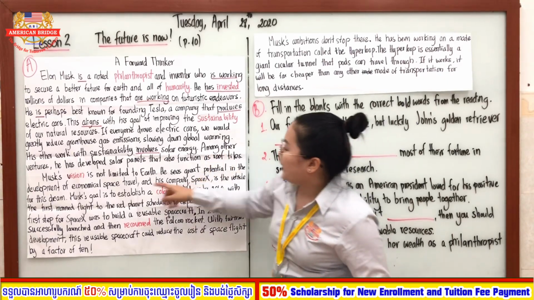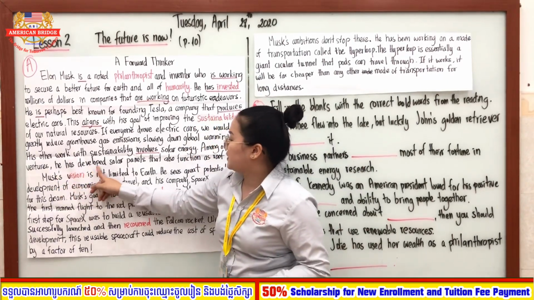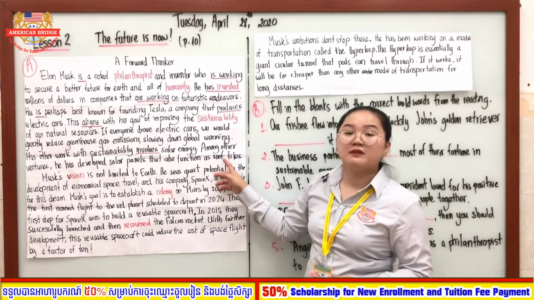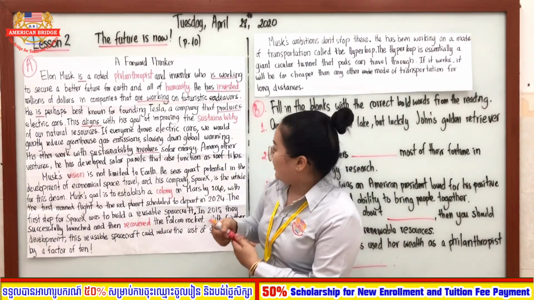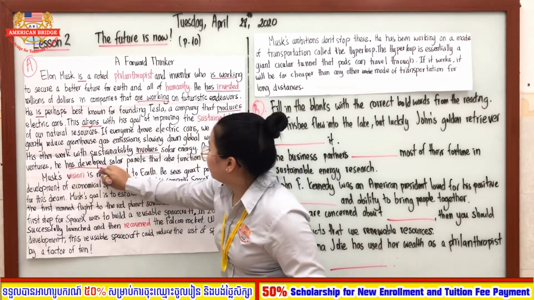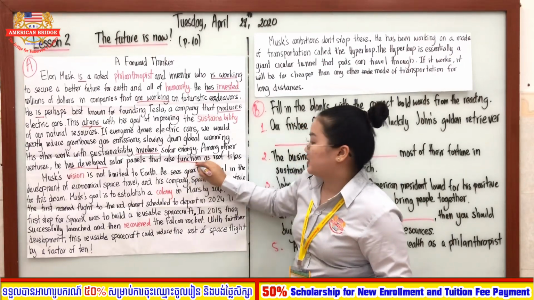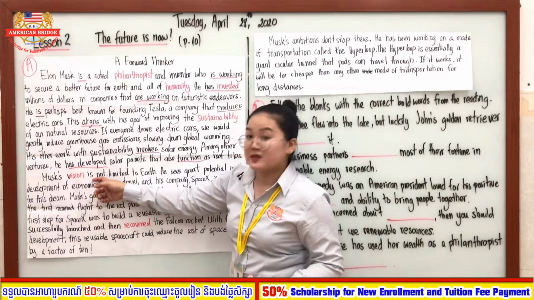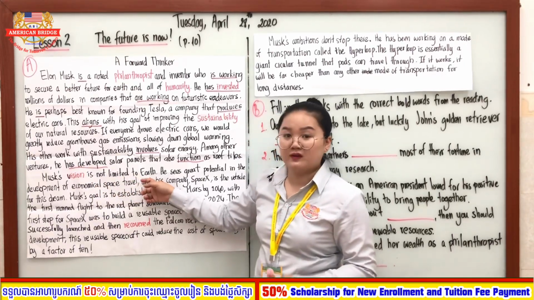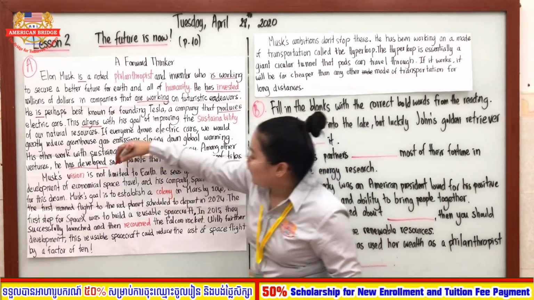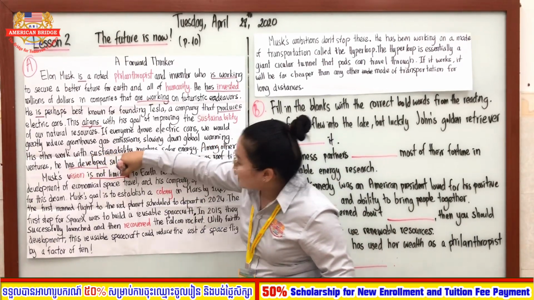Among other ventures, he has developed solar panels that also function as roof tiles. So here, has developed and function. Move to the next one. His vision is not limited to Earth. So the present tense verb is is not limited.